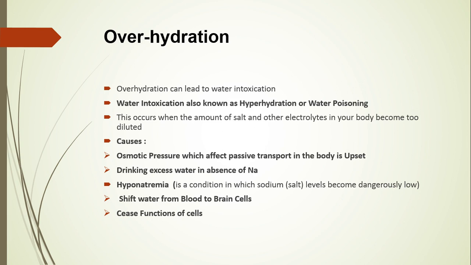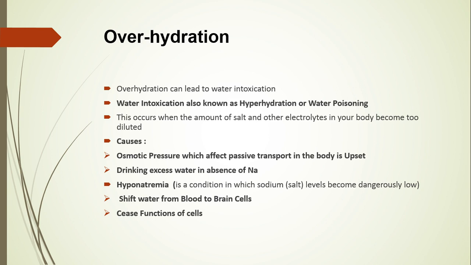And if there is a high amount of water in the body, then salt and other electrolytes which are present in the body will become too diluted, and they can cause upset of the osmotic pressure, which affects the passive transport function of the body.